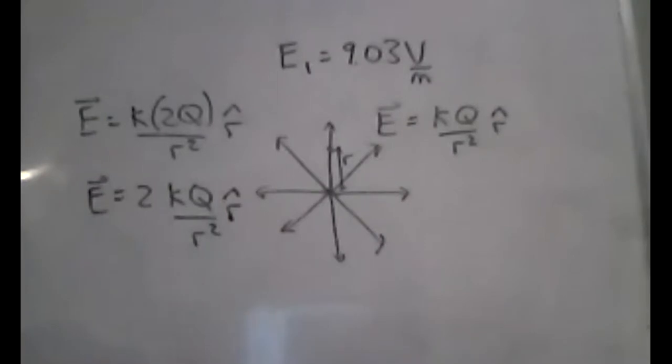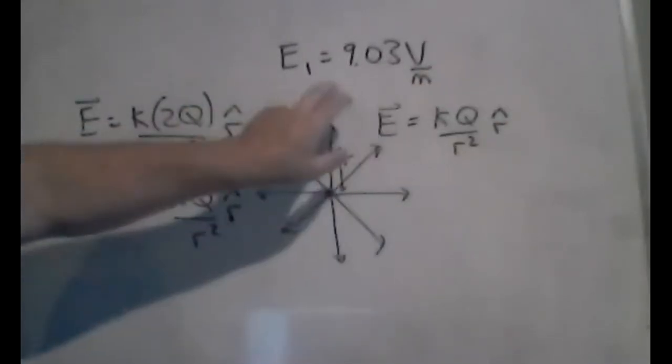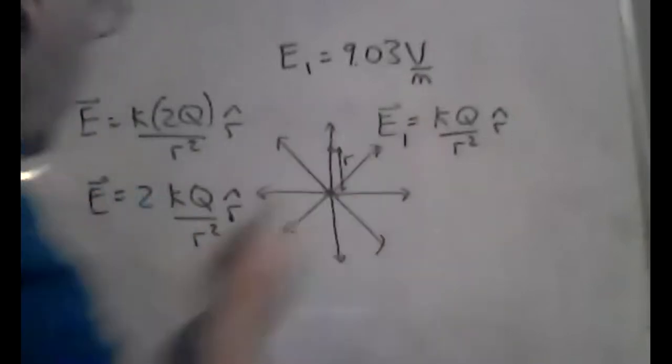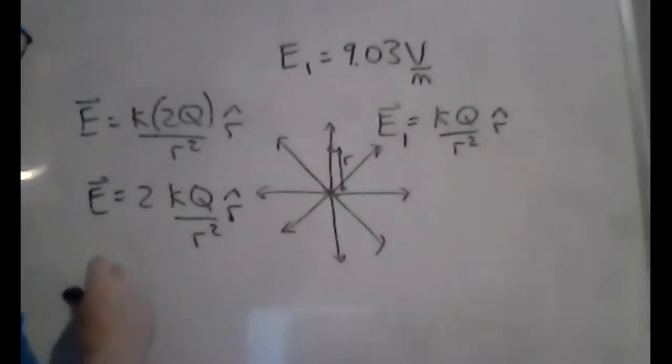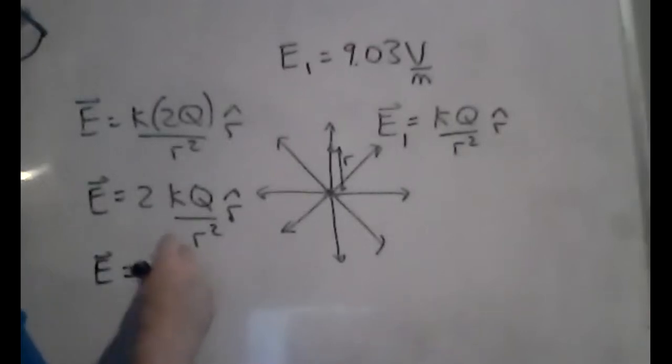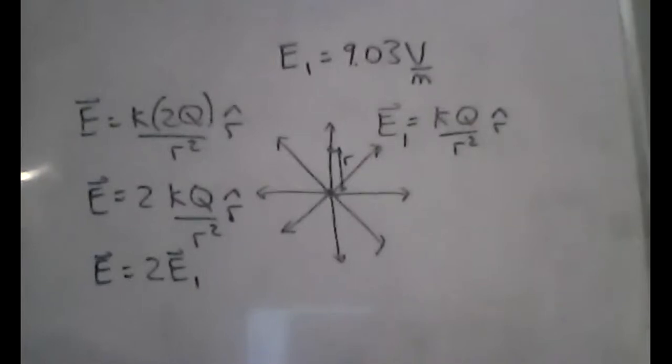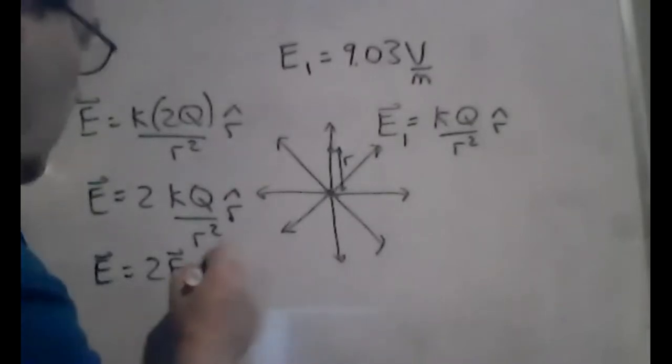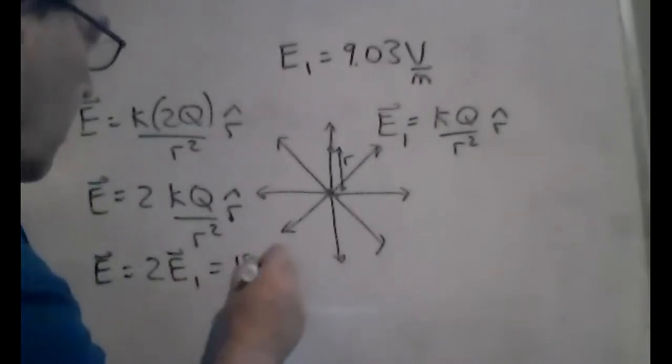And by the way, kQ over R squared R hat just happens to be what I call E1. So E now is just going to be nothing more than 2E1. So I would expect if I stuck another charge there, I would expect it to be about, what is that, 18.06.